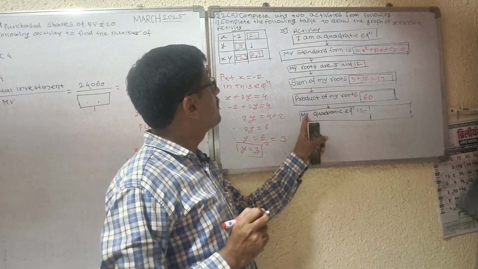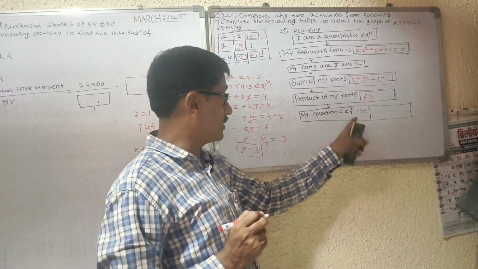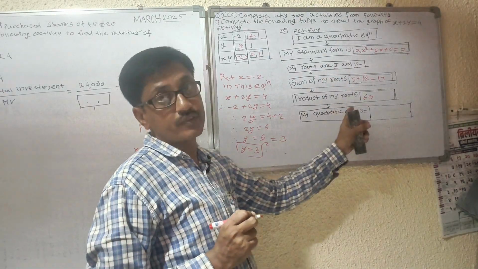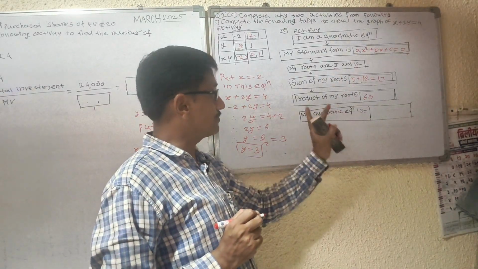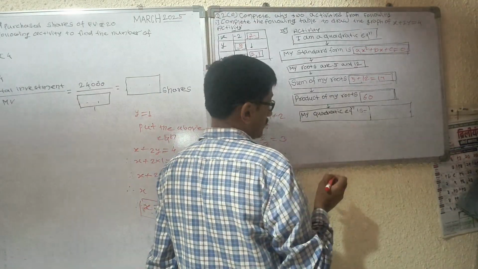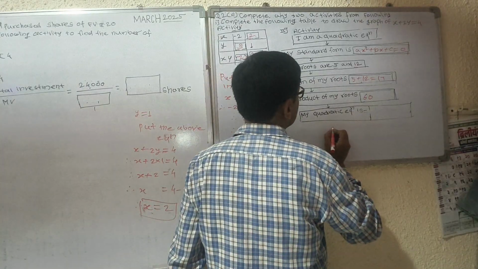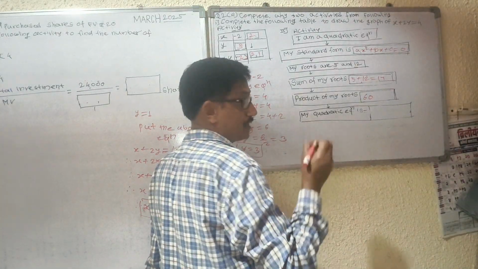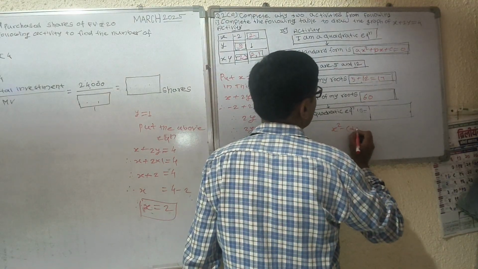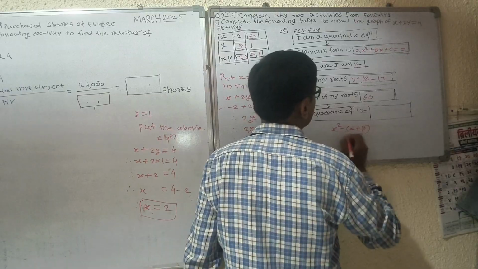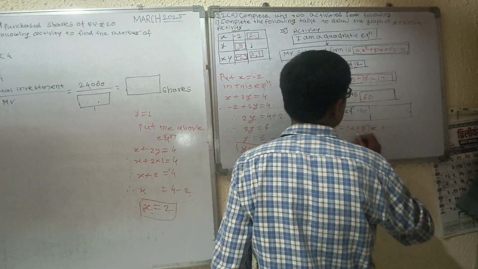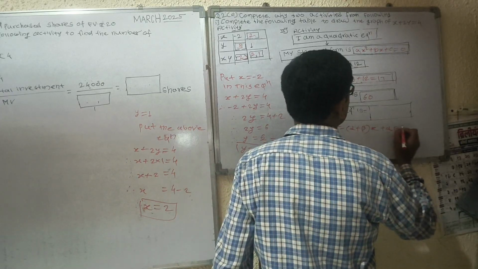Next step, my quadratic equation. Here we have been given two roots and need the quadratic equation. What is the form? The standard form we remember: x square minus the addition of two roots times x, plus the multiplication of these roots, is equal to 0.